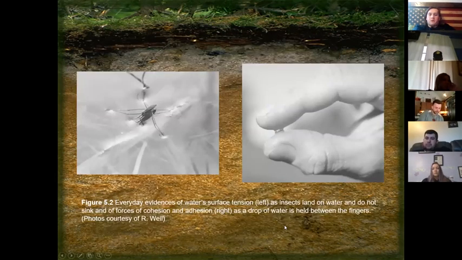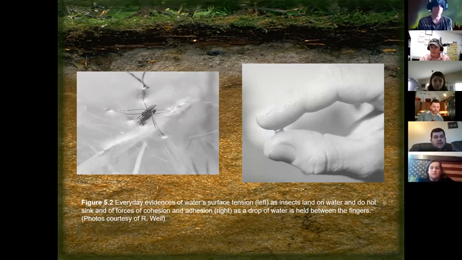Now, everyone's familiar with cohesion, even if you didn't have a name for it. Chris, what's this right here? Like a water fly, water bug. Yeah, I used to call them water skippers when I was a kid. These can just hang out on top of the water. How on earth is that possible?